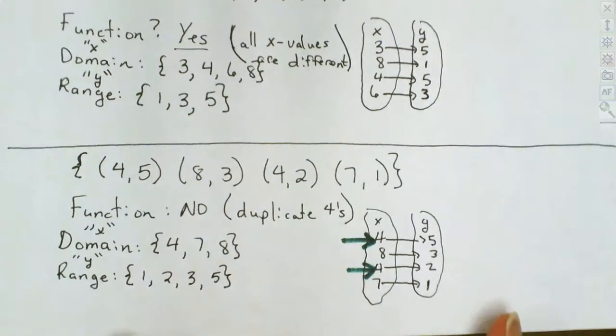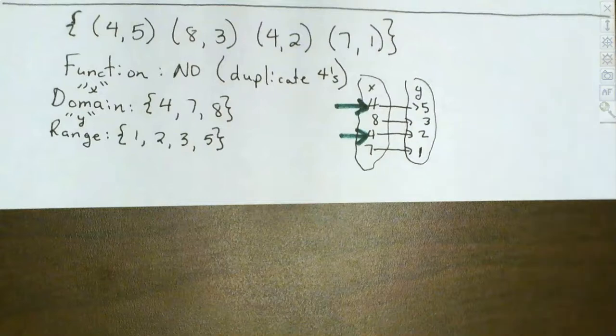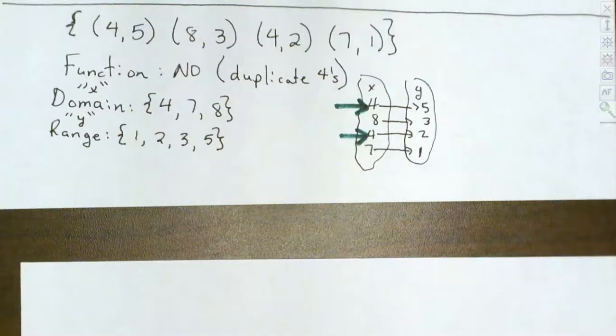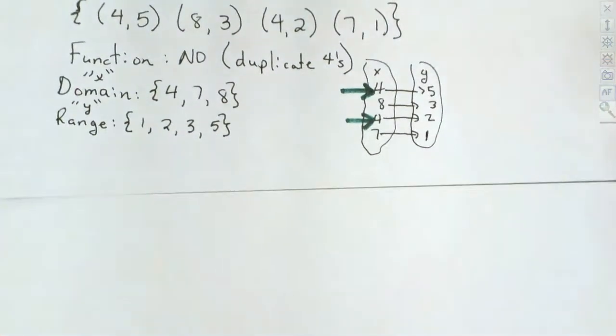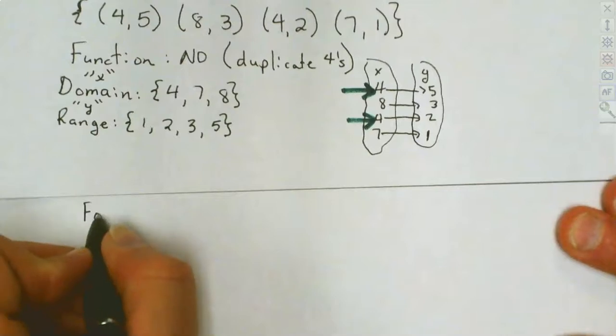Now let's look at graphs. And when we look at graphs, we have what's called the vertical line test. And you might be familiar with this, you may not be. We're going to quickly talk about it. It's very, very simple. And this is going to be 4 graphs.